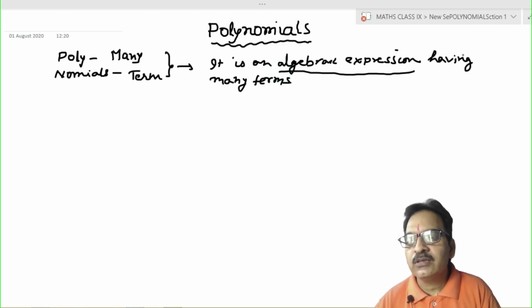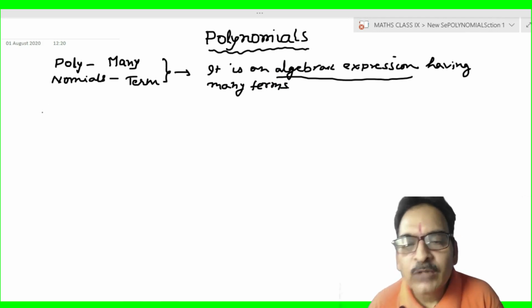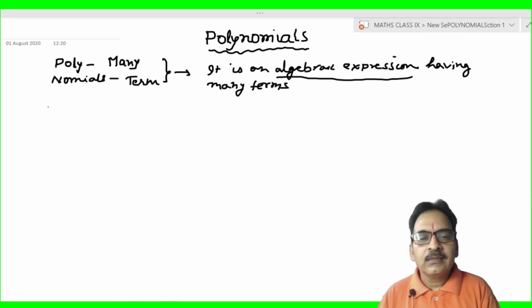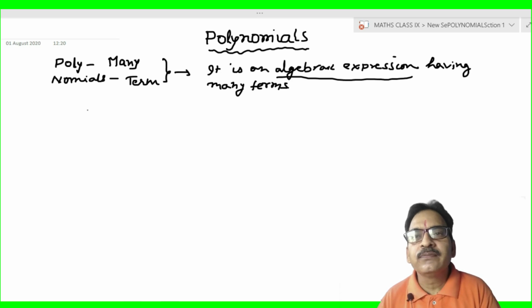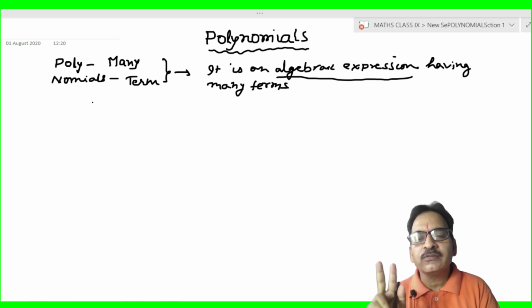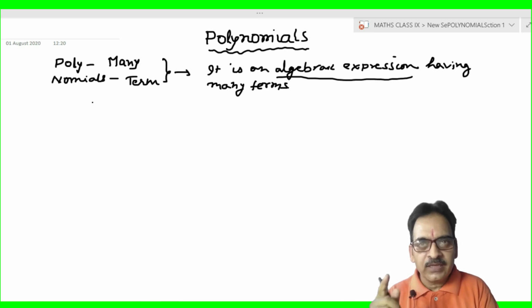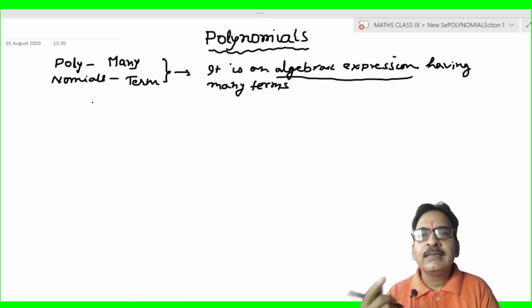That is also important to understand. Okay, so here we'll see that algebraic expression is a combination of constants and variables. You know that in algebra we are using two terms. One term is constant, in which we use the numerals. Another term is your variables, in which we use the letters.